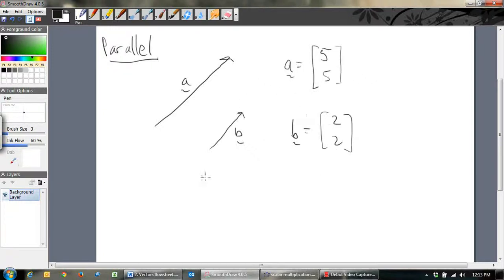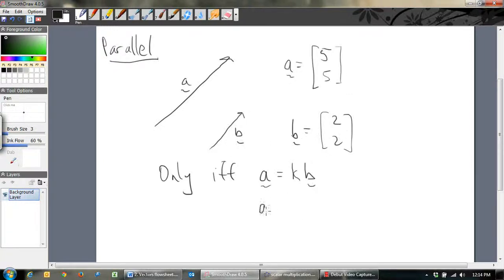They are parallel if and only if we can write A as equal to some scalar multiple of the second. In other words, if we can write one vector in terms of the other vector just by multiplying it by some number, then we get parallel vectors.